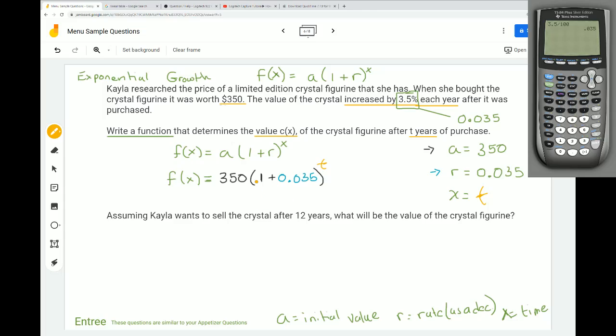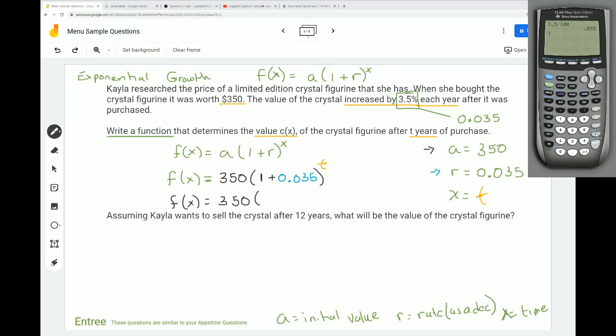But I do notice that I'm able to simplify what's inside the parentheses. So let's simplify that right now. The function of x is equal to 350 times 1. All I'm doing right now is adding what's inside the parentheses. If this for some reason confuses you, it's okay to use a calculator. But remember, we're just adding our whole number with this decimal number.